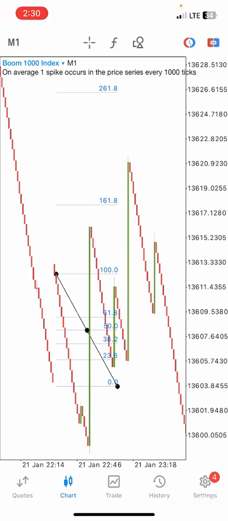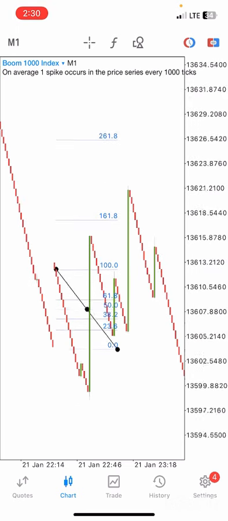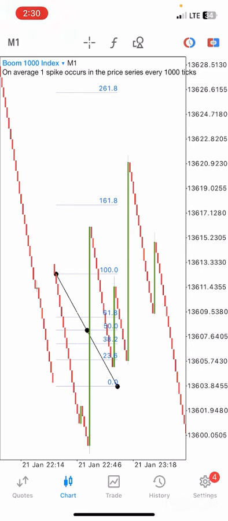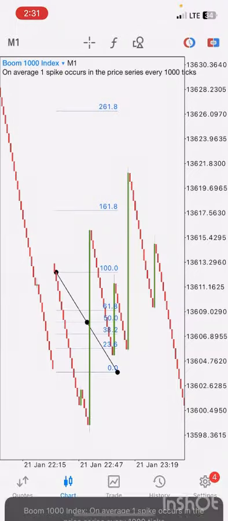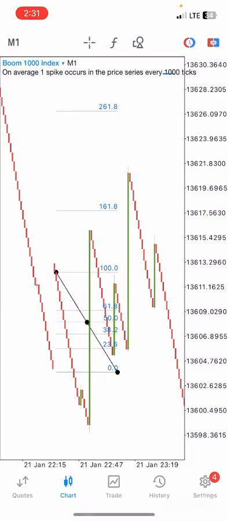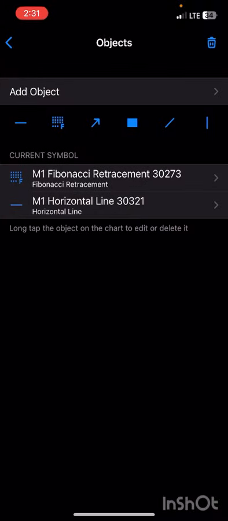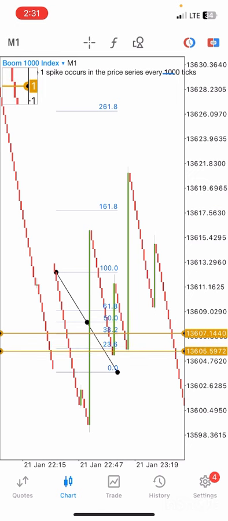Once you draw it, you're going to identify two points on the Fibonacci: 38.2 and 23.6, because once price covers up to these levels in the gap, the market is supposed to spike. So you put a line at the 38.2 level and another line at the 23.6 level.